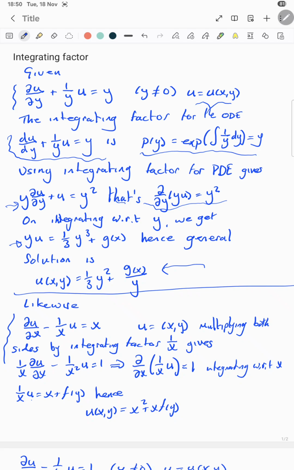So multiplying both sides by the integrating factor, 1 over x, gives this here, which again is written in this form, and integrating with respect to x, we get this here as our solution as a function of y. But well, we're multiplying by x here, so it should be u.